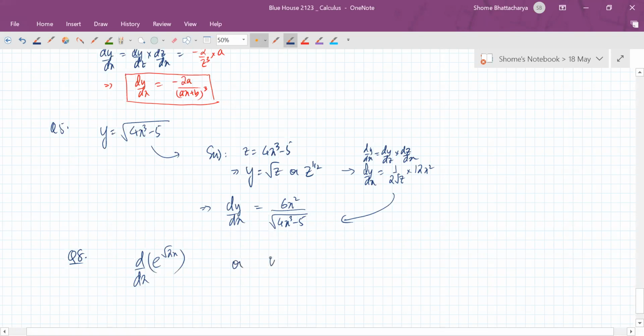So we can say it like this, that y is equal to e raised to the square root of 2x. So we want to find what is dy by dx.